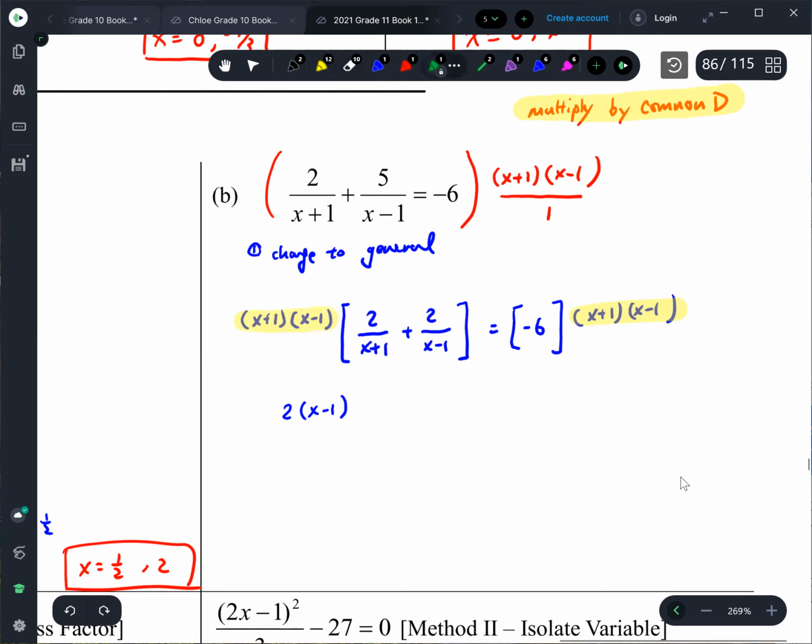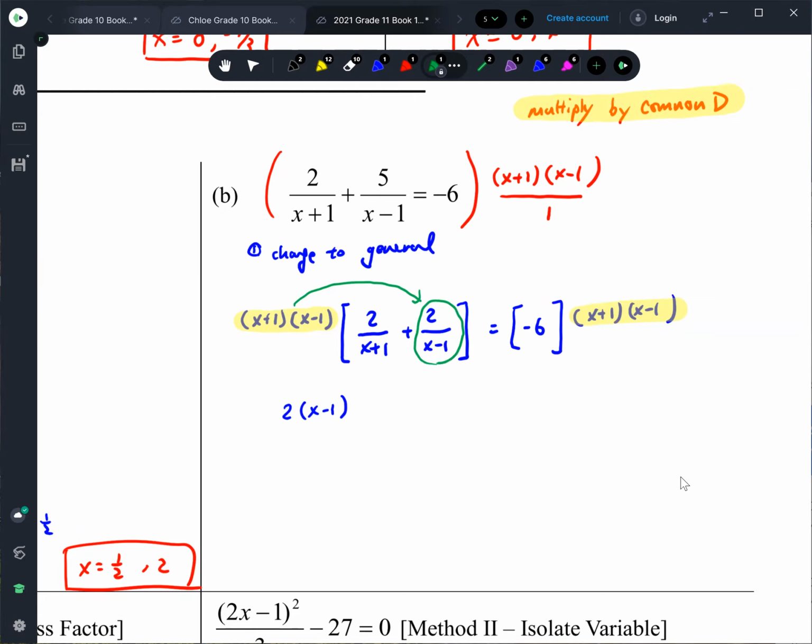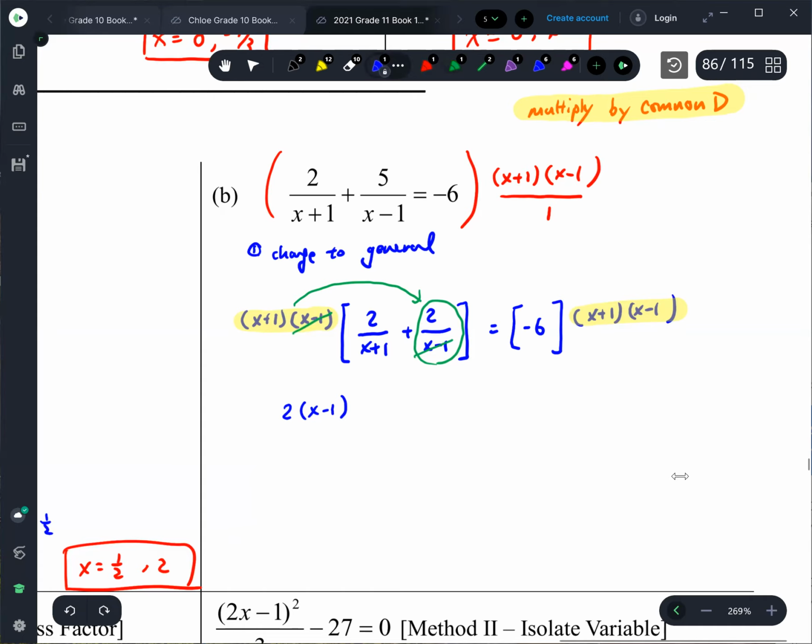Okay, we're going to take the outside, multiply with the second one. Okay, so Jenny, what will happen when you take the denominator times the second one? X minus 1 and x minus 1 will cancel each other out. Yeah, then you are left with 2 times x plus 1.